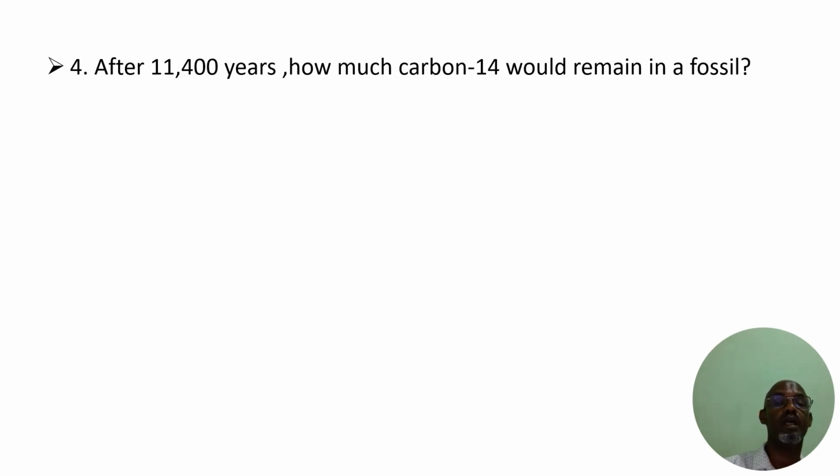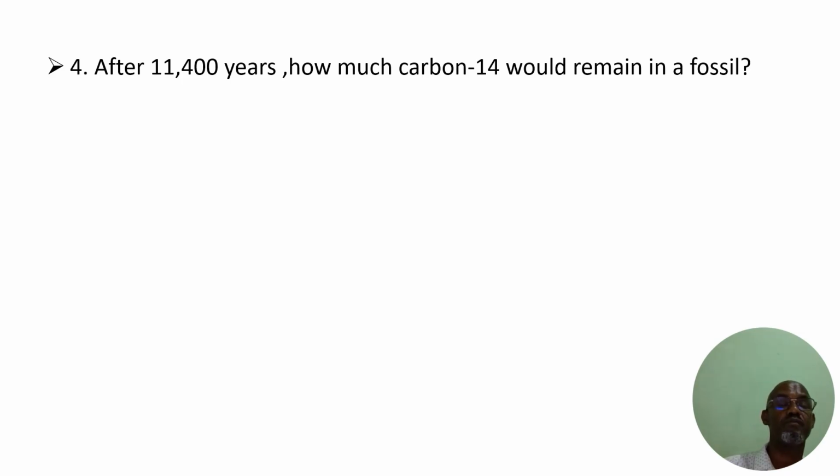Question number 4. After 11,400 years, how much carbon-14 would remain in a fossil? Another way of asking, of course, 11,400 years, how much carbon-14? You just calculate, divide 11,400 by the half-life of carbon, that is 5,700. You get two half-lives.